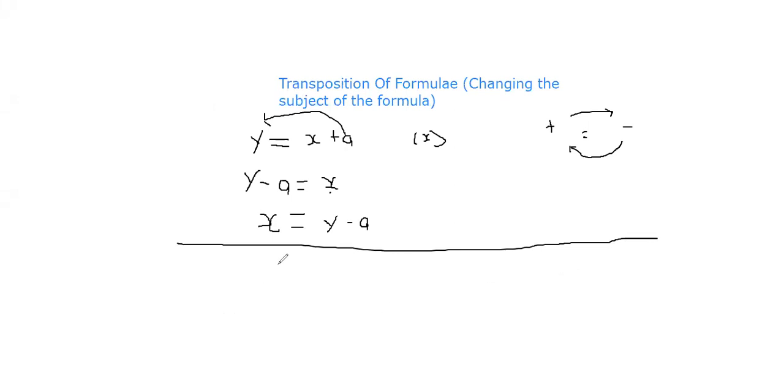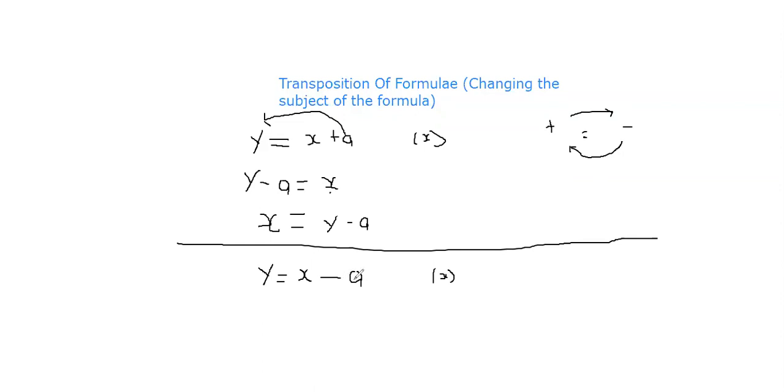Now let's see, we have Y equal X minus A, and I want to make X the subject. What would be your answer? Y plus A. Good, because we're trying to make X the subject, and we need to get rid of this in order for X to be the subject.